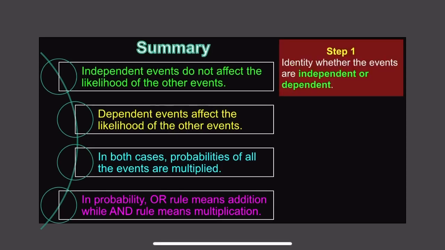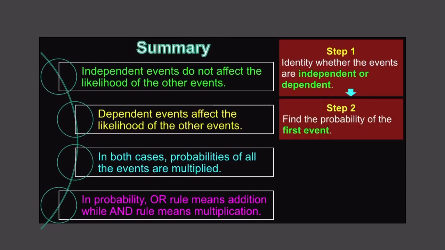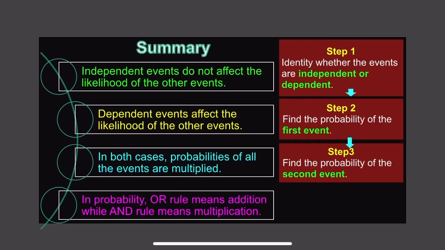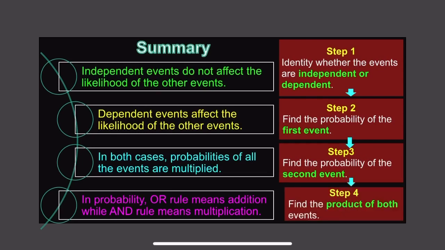As step 1, we have to identify whether the events are independent or dependent. Whenever you get a question, identify whether the events are independent or dependent, or you can even look for the choices like mutually exclusive events. Second step is find the probability of the first event and then the second event. Finally, combine all the probabilities together and find the product of both events.